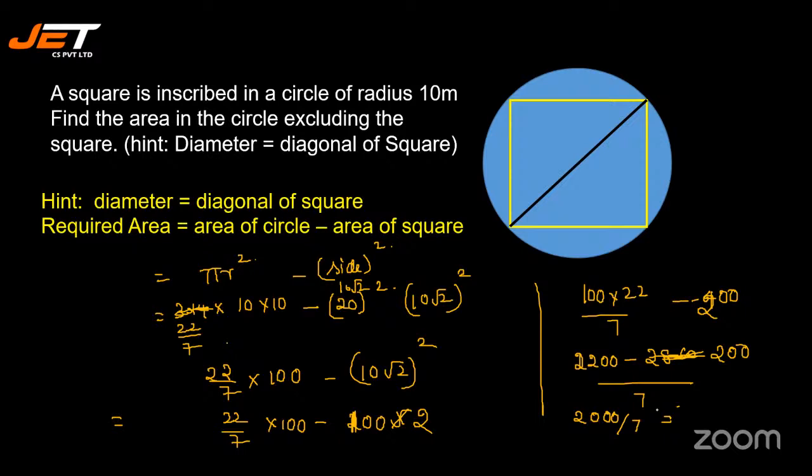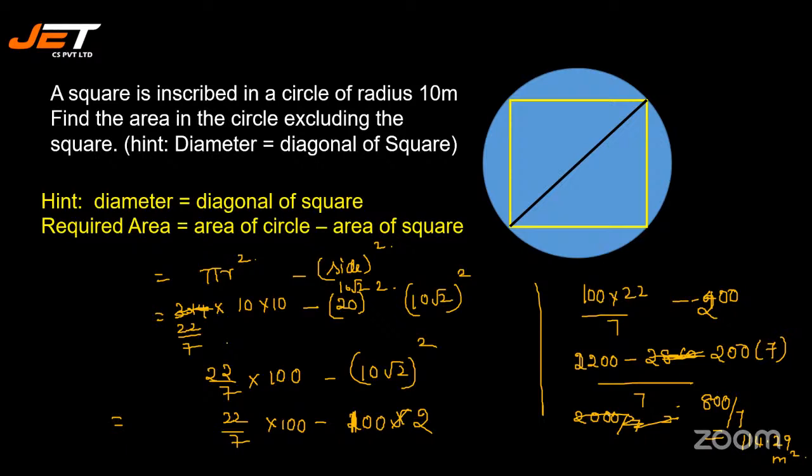So 100 into 22 by 7 minus 200. Right. So 2200 minus 1400, 7 twos are 14, would be 800 by 7. It should be 114.29 meter square.